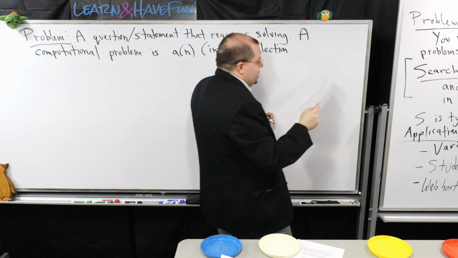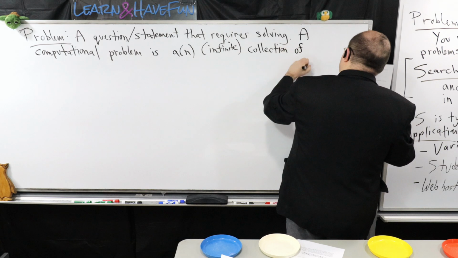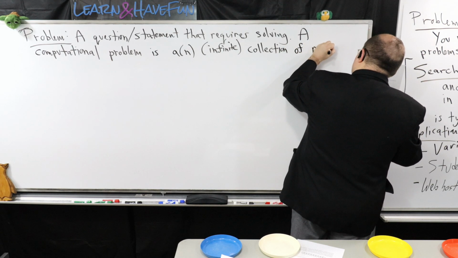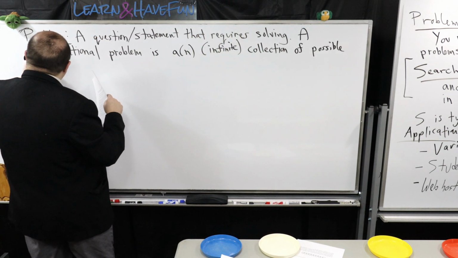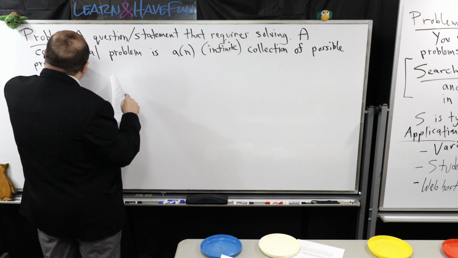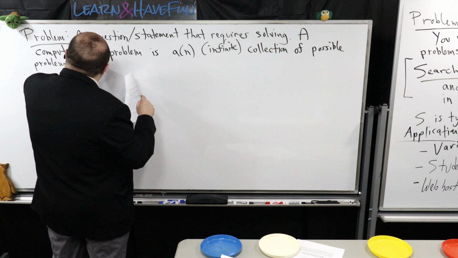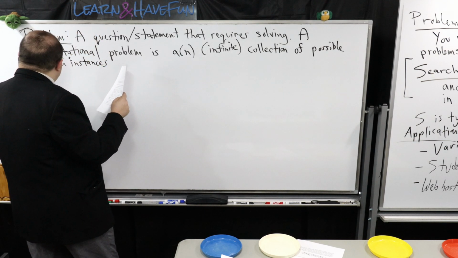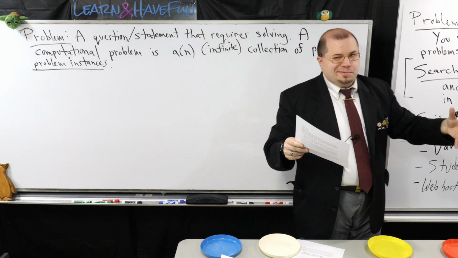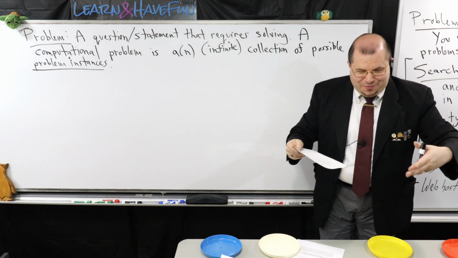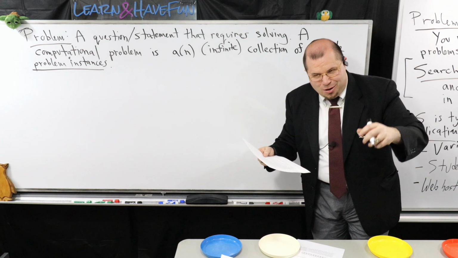An infinite collection of possible problem instances. So you think of it like a big bucket, a bucket that is infinitely deep, full of these things I call problem instances.